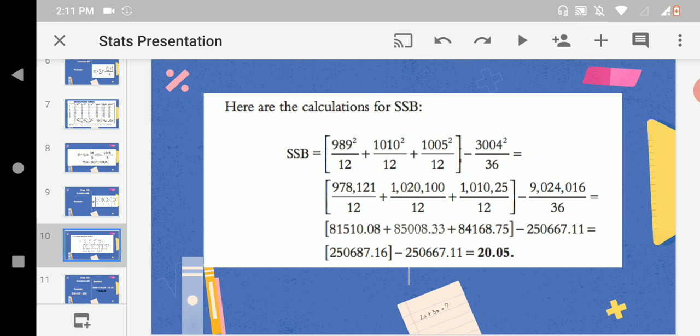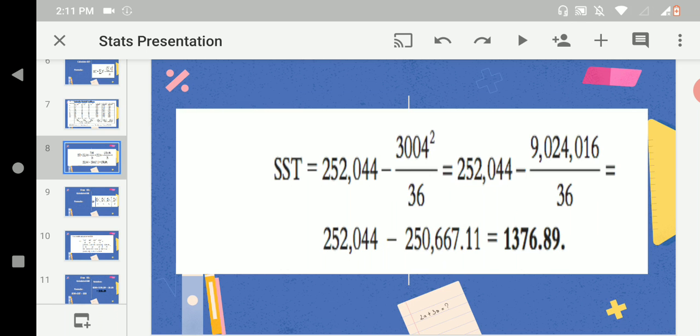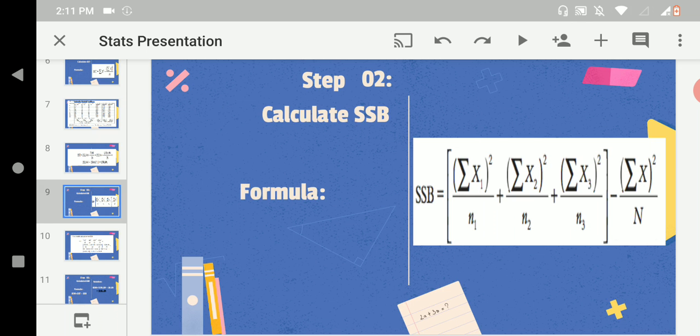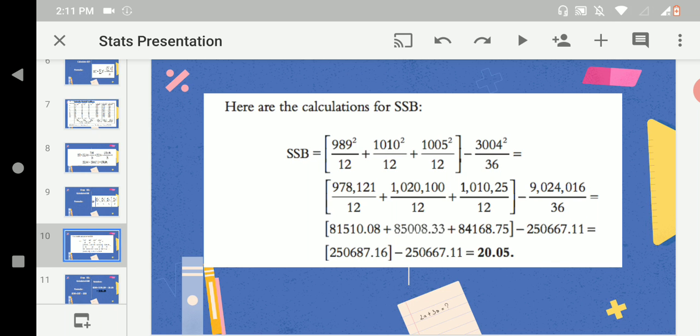And then you have to square each summation of the groups. Minus the summation of x, again you have to square the summation of x, over N. So now we have 3004 squared over 36.